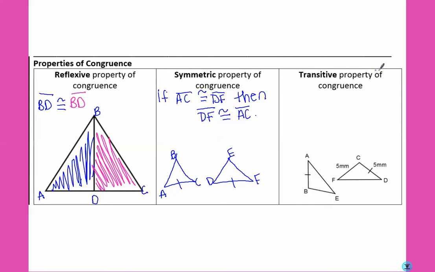And then finally, the transitive property of congruence.